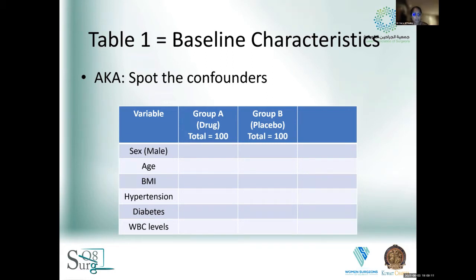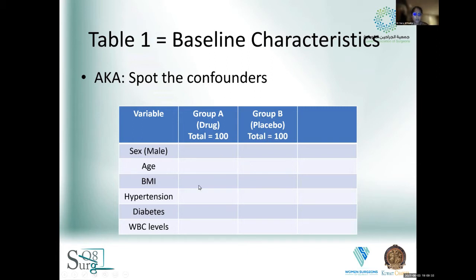So for example, we have one column stating the variables between the two groups. In this example, I put gender, age, BMI, hypertension, diabetes. And then here's group A, which is the drug group, and we pretend that the total is 100. And group B is the placebo group.